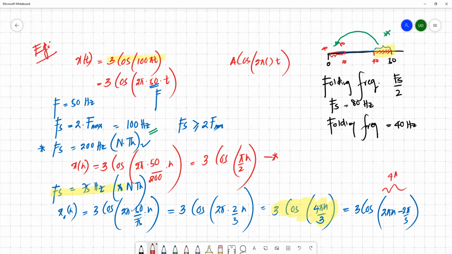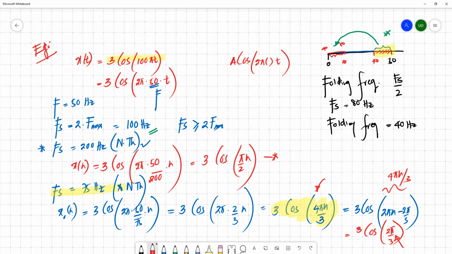So 3 cos 4 pi n over 3 is equal to 3 cos 2 pi n over 3. So if you find a continuous frequency that gives a signal exactly overlapping with this 2 pi over 3.